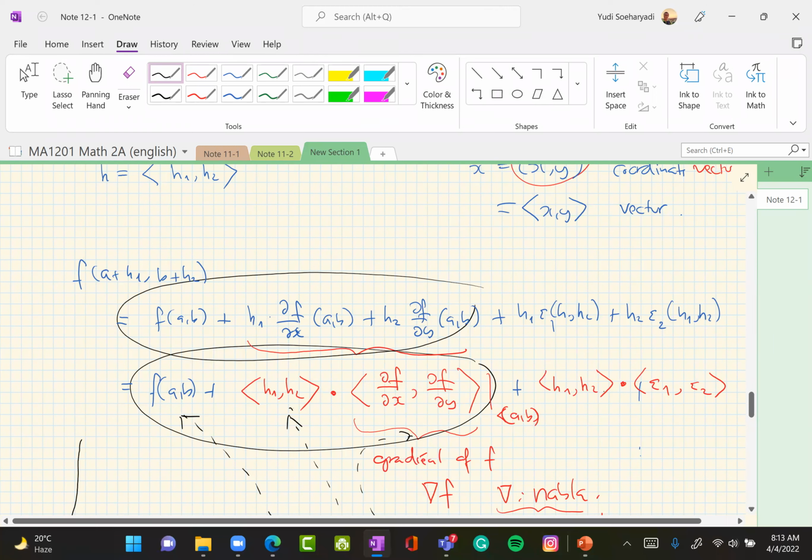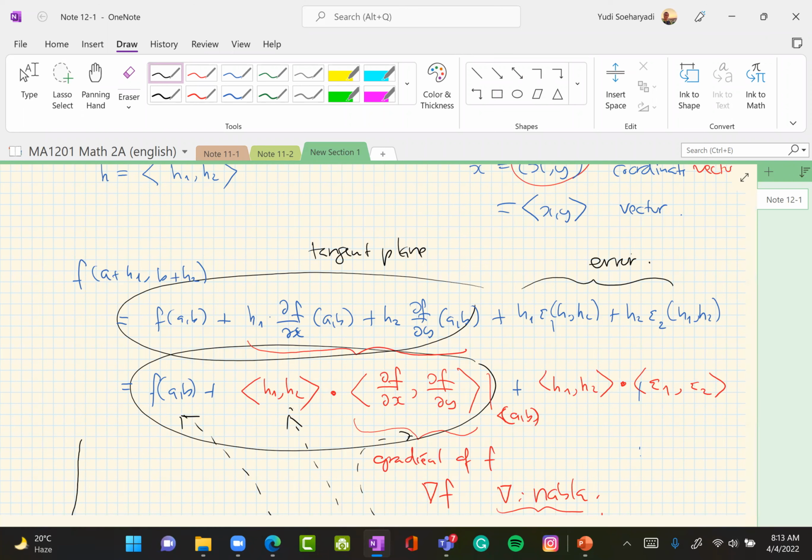Okay, so this is the tangent plane, and this is the error. So this justifies our definition of differentiability: f of two variables is differentiable if it can be approximated by tangent planes. Well, sufficiently good. What is sufficiently good? The error is much smaller than the error in x y.